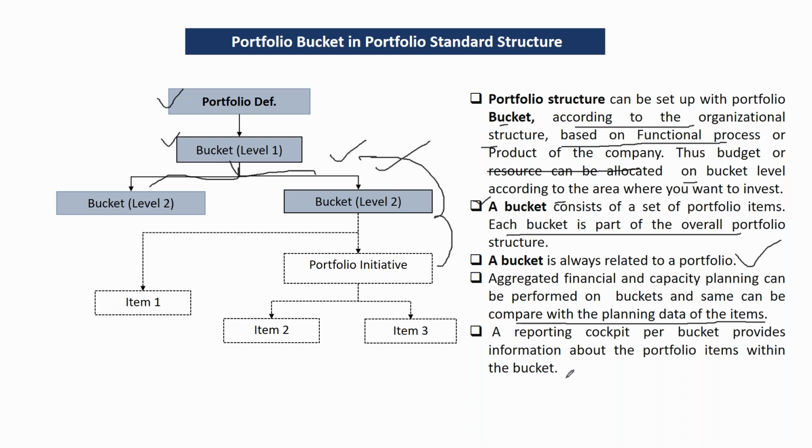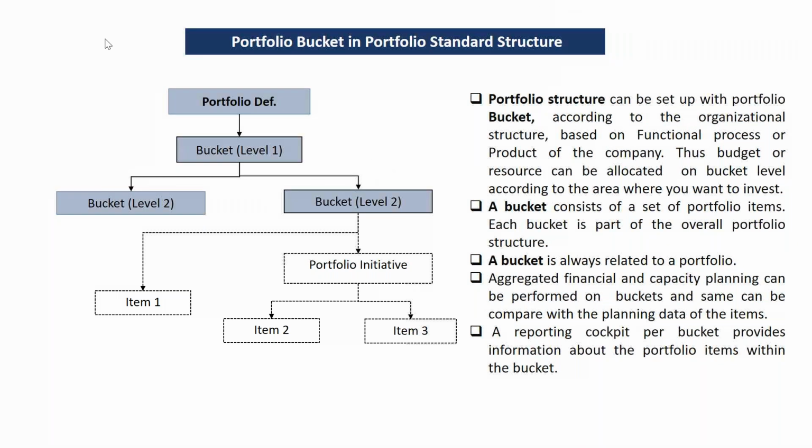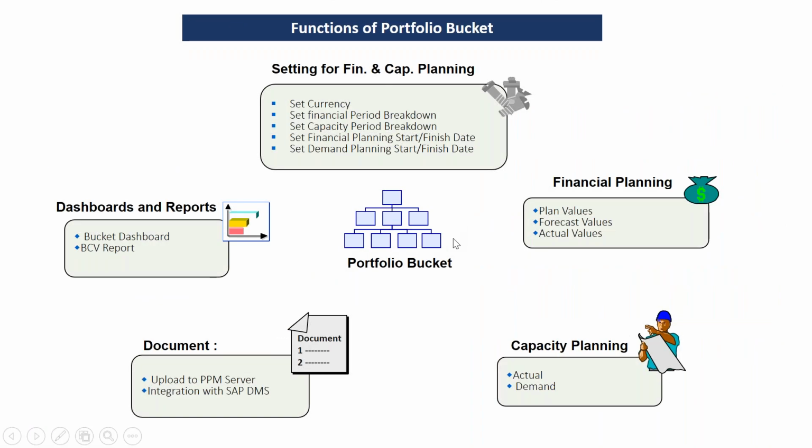When we are creating a bucket, we can check all the items which have been assigned, created, or processed under that particular bucket. These are the functions of the portfolio bucket.